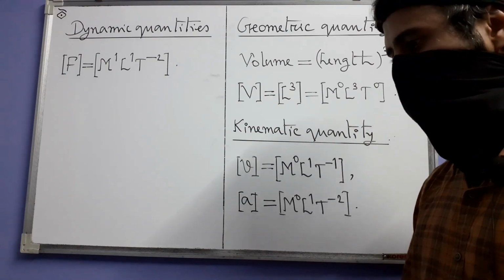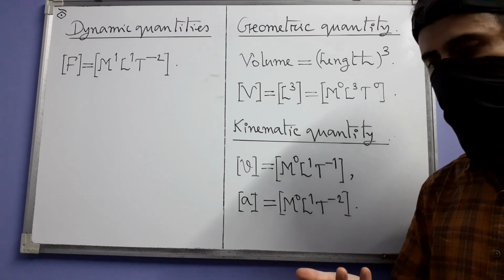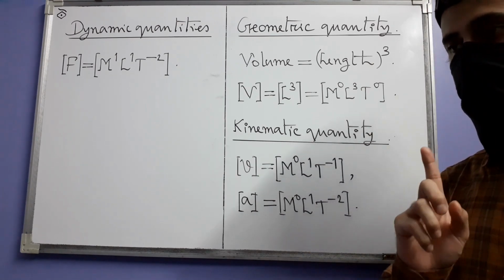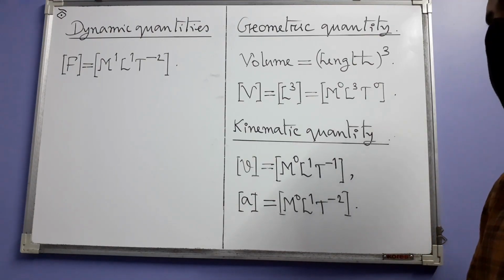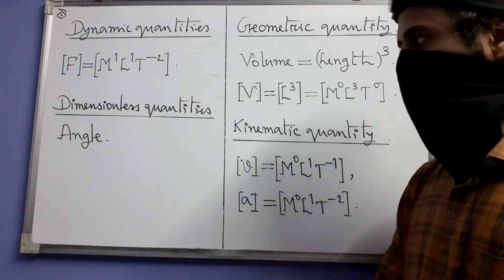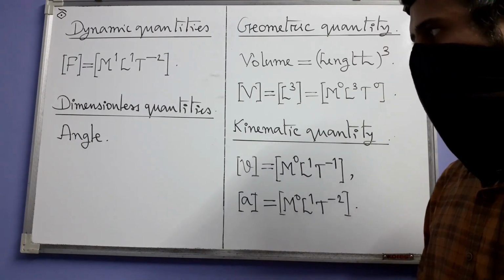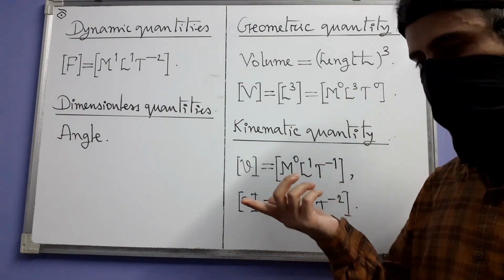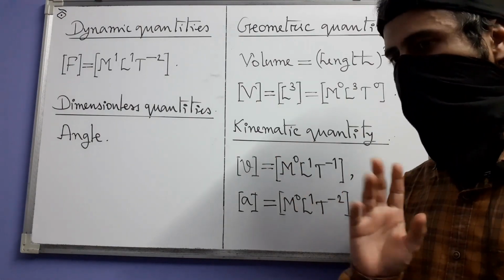But there are some quantities which, although if you measure them you will get a number, you won't get any unit. They are called dimensionless quantities. A dimensionless quantity is angle, for example. I should perhaps make it more clear, my statement that I made just now, that such quantities do not have units.